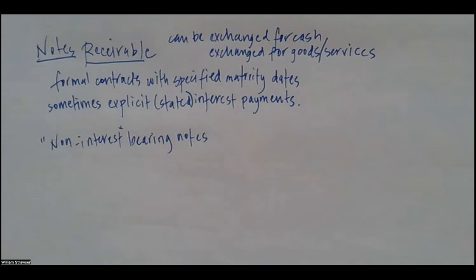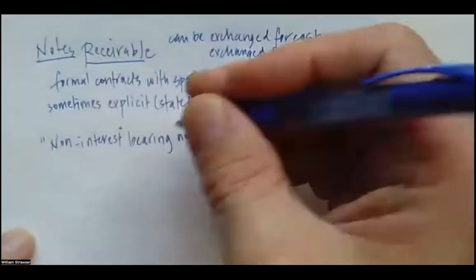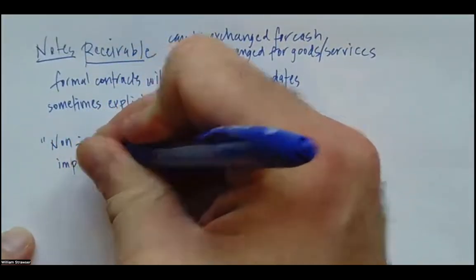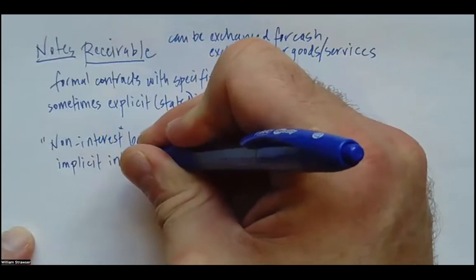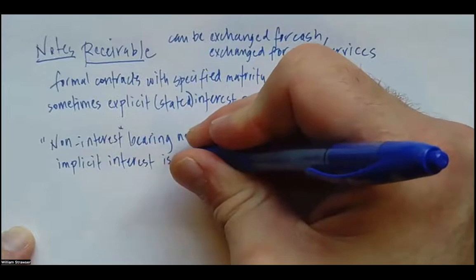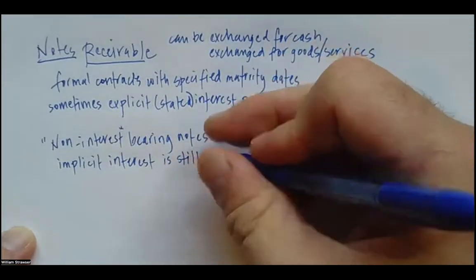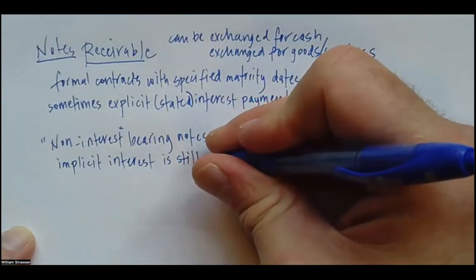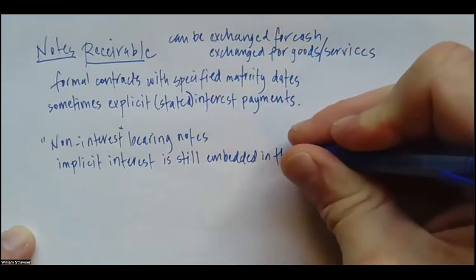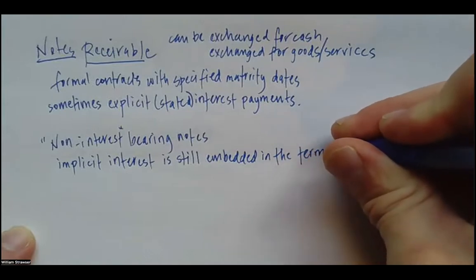Basically, when we say we have a non-interest bearing note, it typically bears some amount of interest. This is when we call it implicit interest. And let's look at a problem to see how that works out.